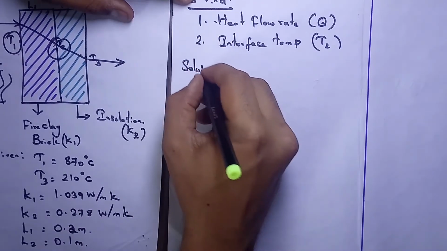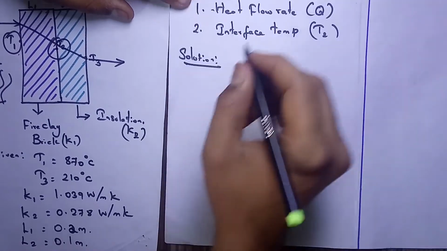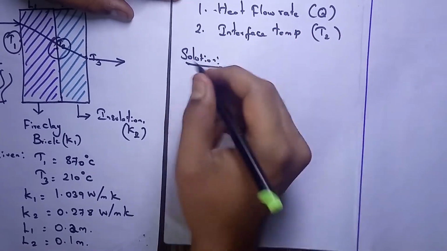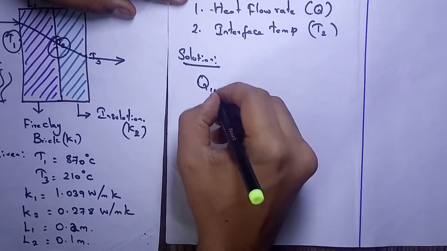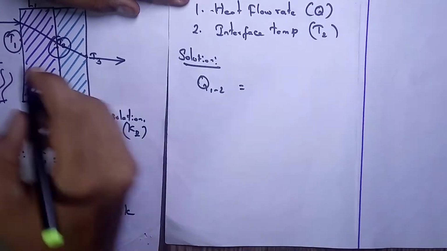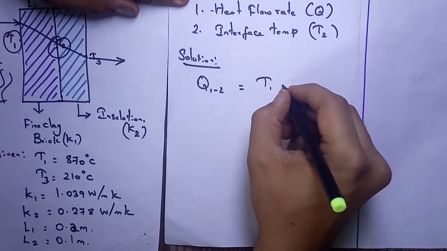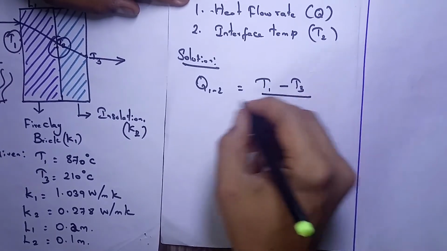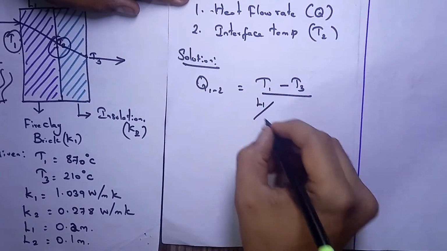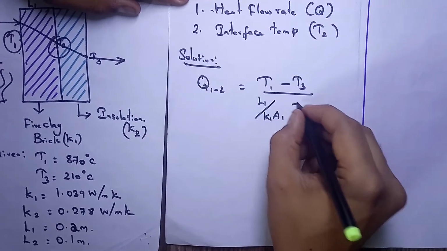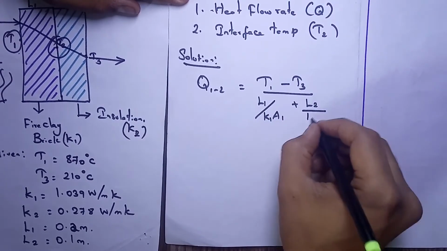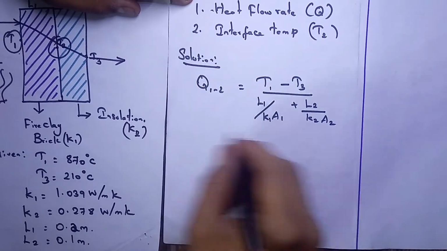Now we are going to find the solution. First, we are going to find the heat flow rate, that is Q1 to 3. The formula for the heat flow rate for the whole system is T1 minus T3 divided by L1 by K1 A1 plus L2 by K2 A2.